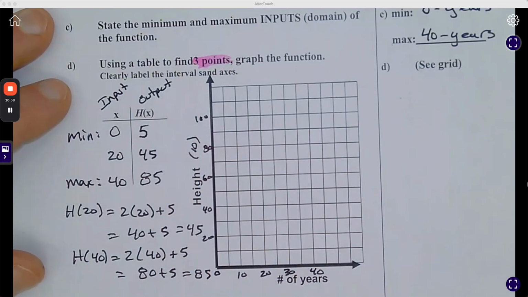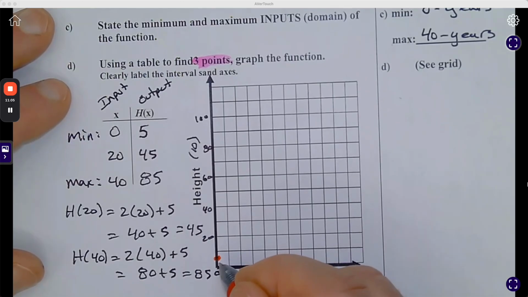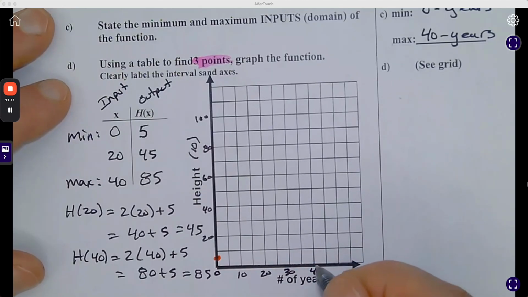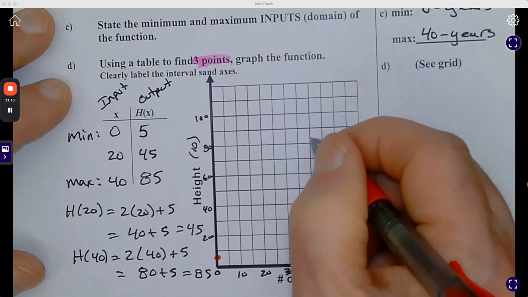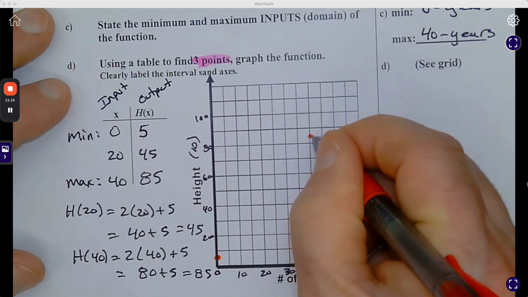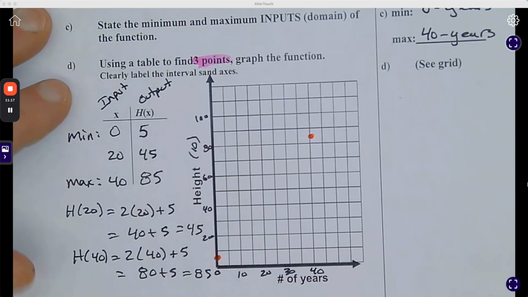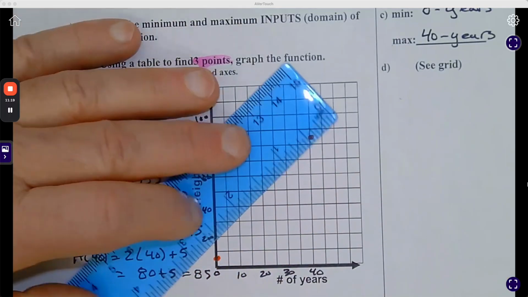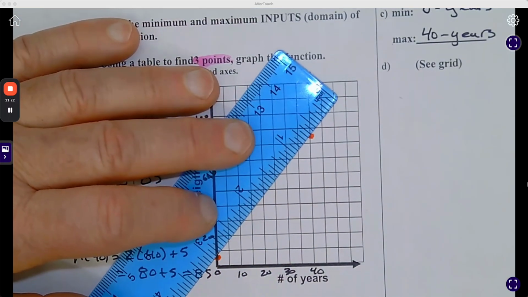All right, now let's graph some points, plot some points. 0, 5 is between 0 and 10. First I'm going to do 40, 85, which is going to be right about there. This is continuous. I'm going to graph it, and then I'm going to make sure that my third ordered pair lands on this line.